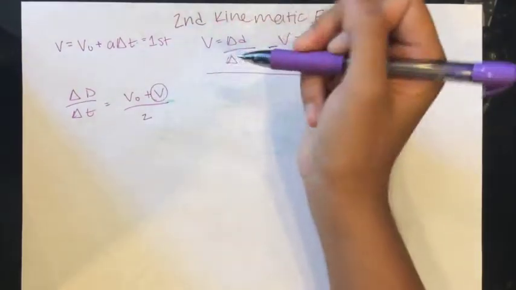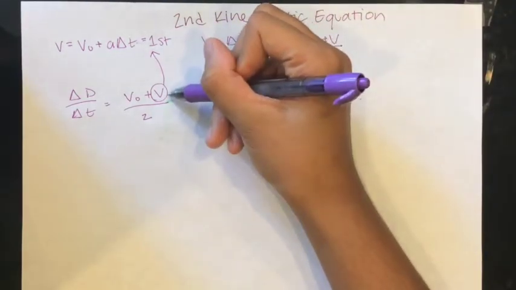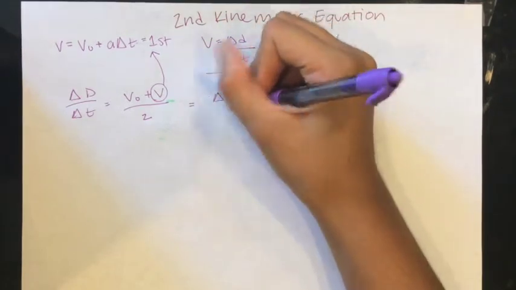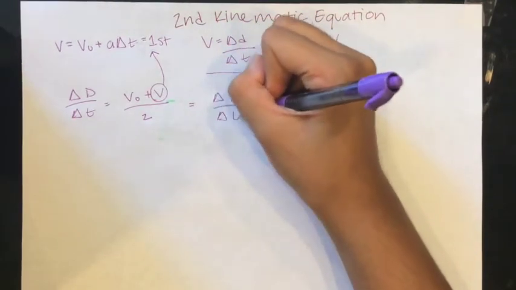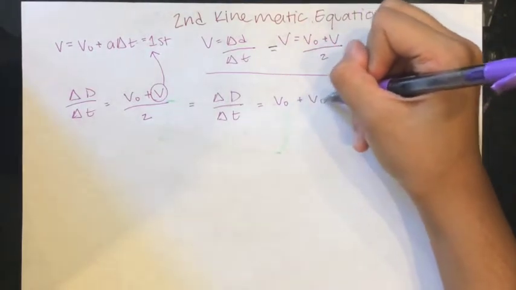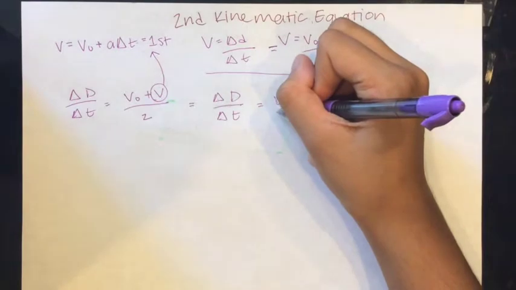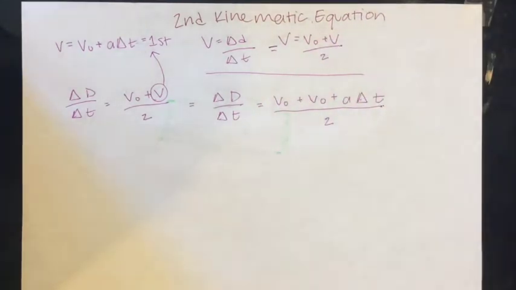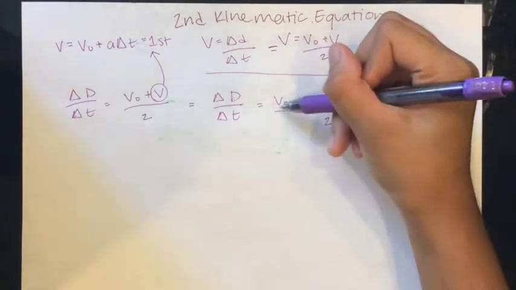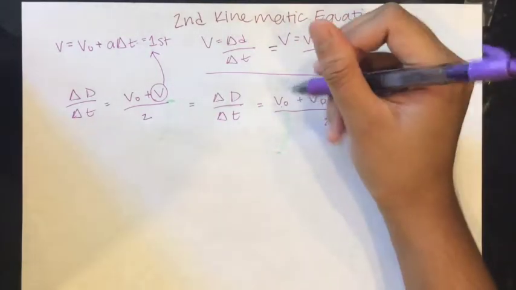We know that v equals this, so we can also plug this in for that. So delta d over delta t equals (v naught plus v naught plus a delta t) over 2. Given that these both are the same, we could combine like terms.